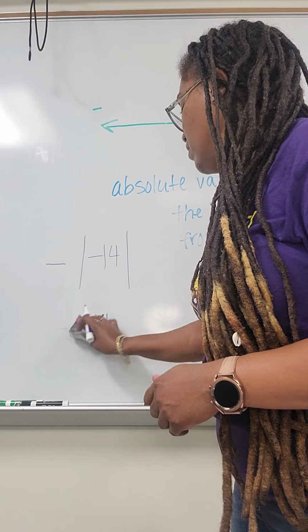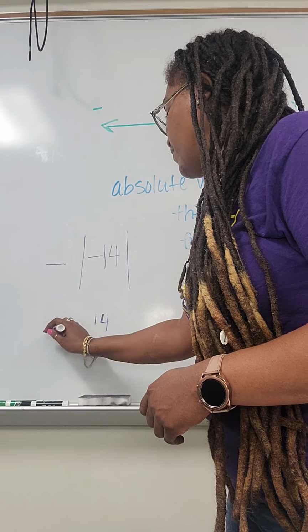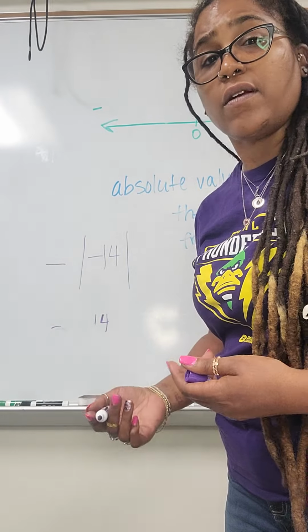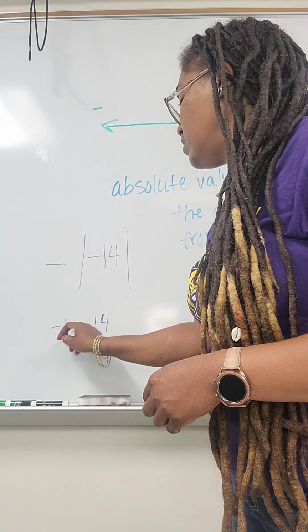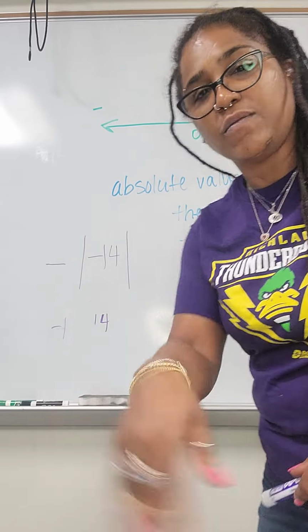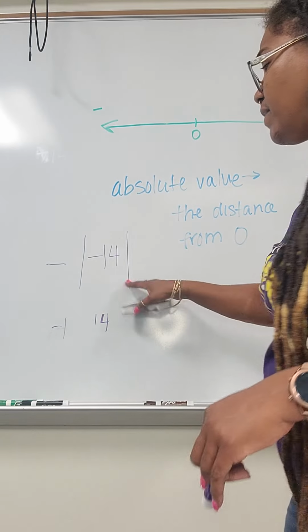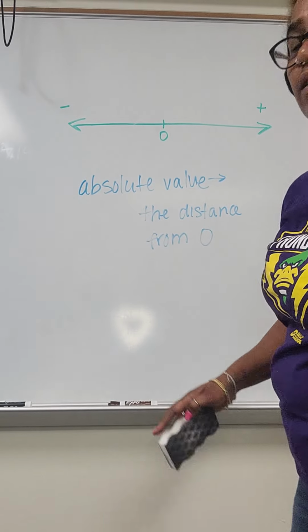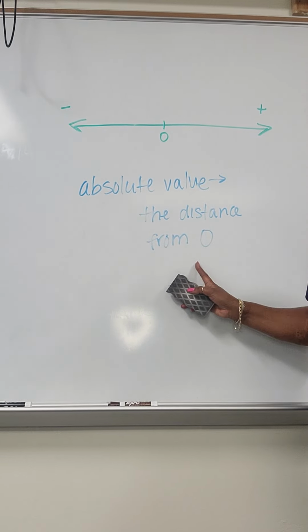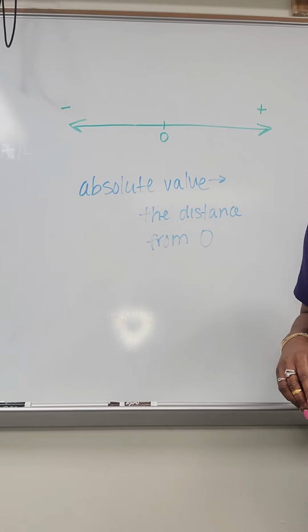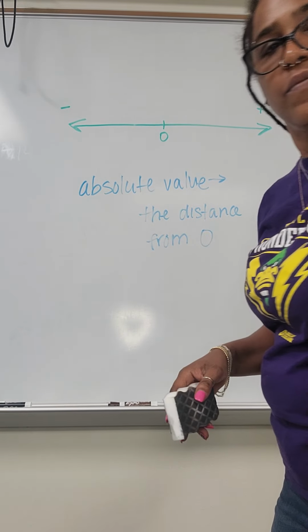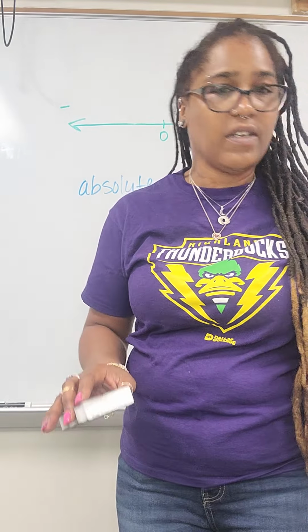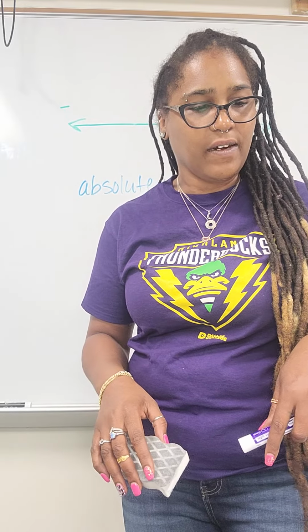But we won't ever just have a floating negative by itself either. That means there's an understood one in front of it. But again, that comes later. Right now we're talking about absolute value. What did I tell you the definition was? Distance from 0. All right. So that covers those first vocabulary terms we have in there.